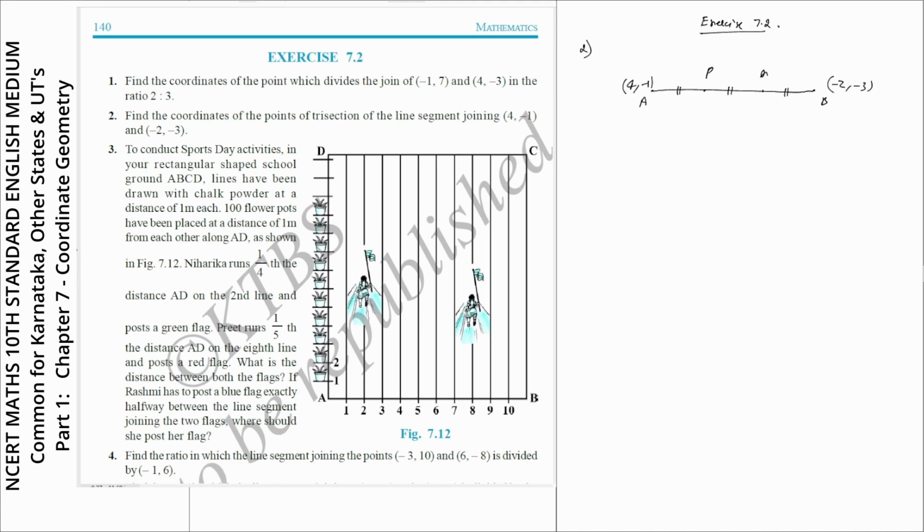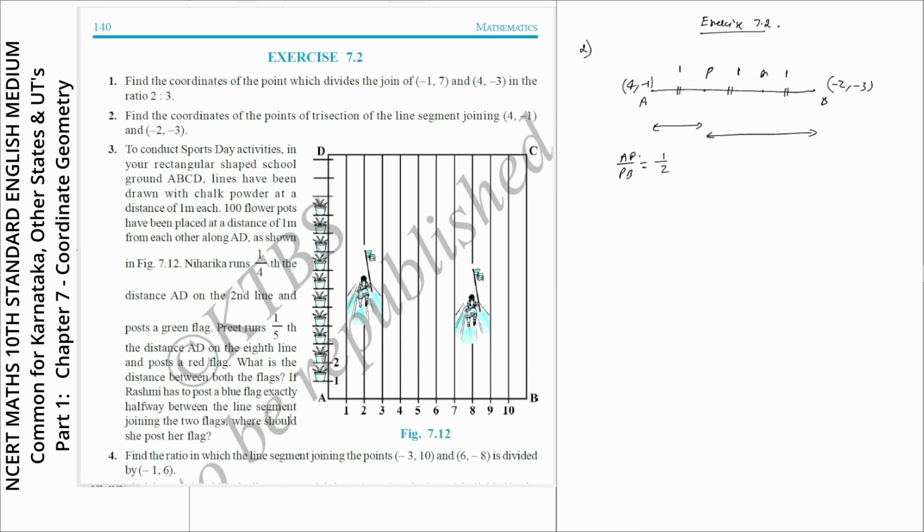Now what will be the ratio? AP is to PQ is to QB is 1:1:1. Okay, now what is the ratio of AP to PB? Now you can see AP by PB will be equal to 1:2.